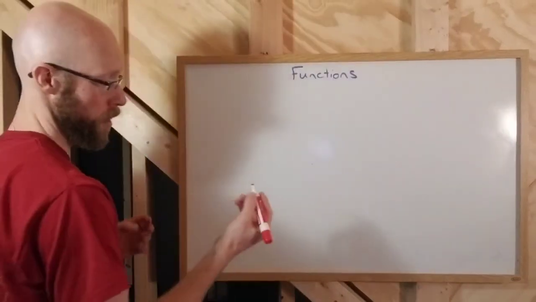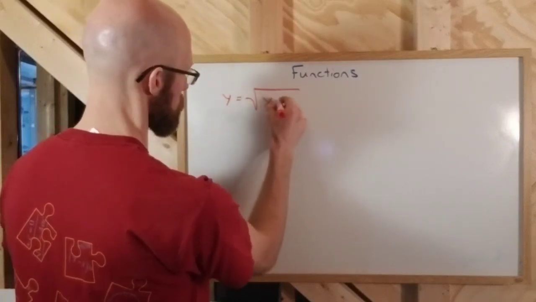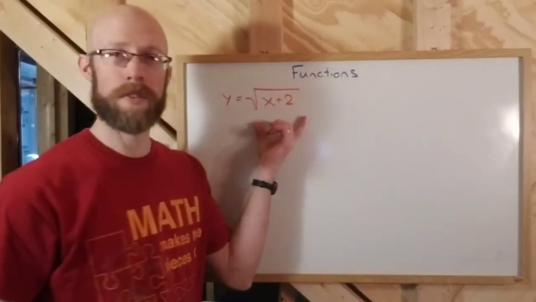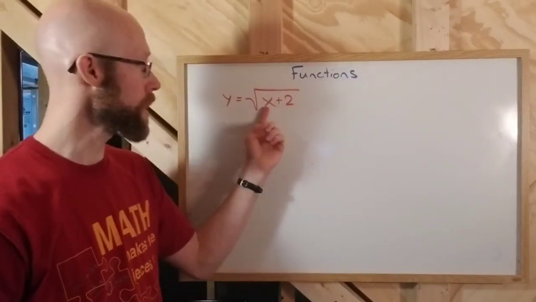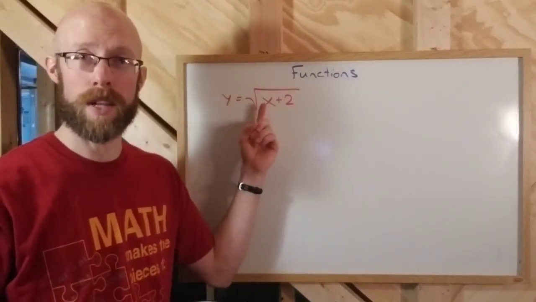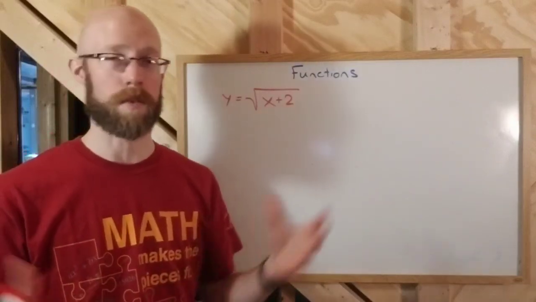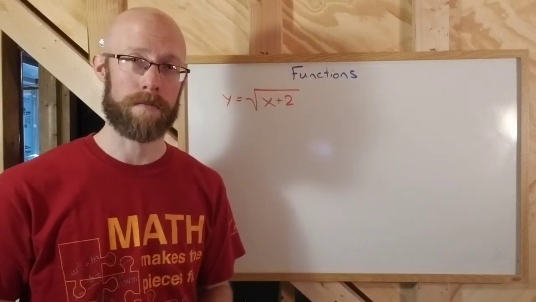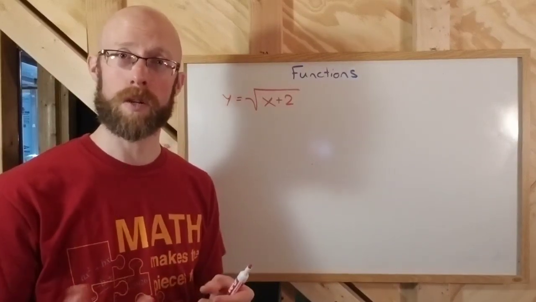Or a complex number. And so if you have a square root like the square root of x plus 2, well, there are certain things you cannot plug in here. I couldn't plug in a negative 10 because negative 10 plus 2 is negative 8, and the square root of negative 8 is a complex number. I'm not worried about complex numbers right now. There is going to be a time when we get into polynomial functions, we're going to deal with some complex numbers.